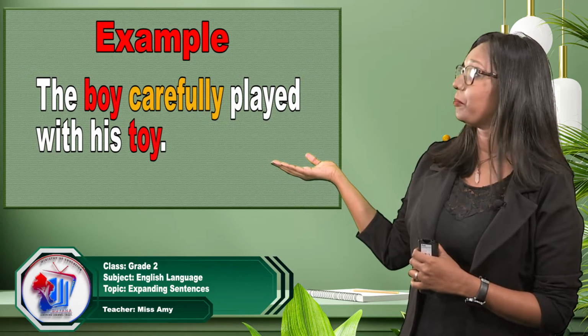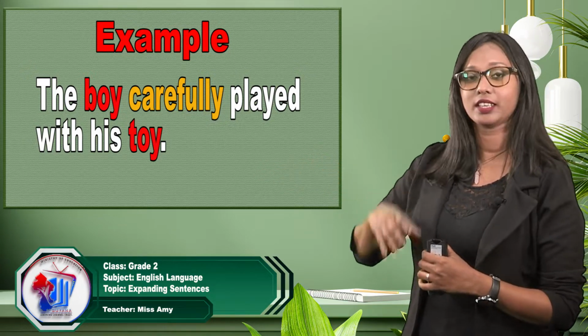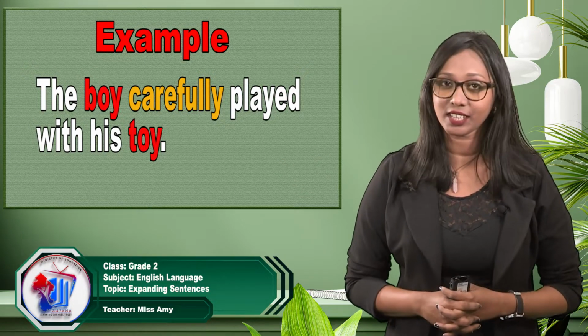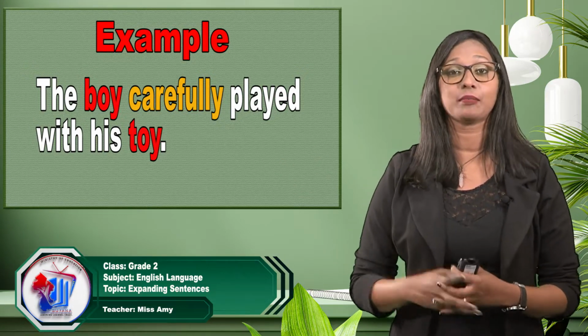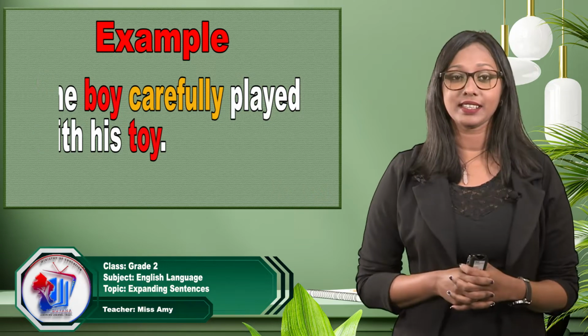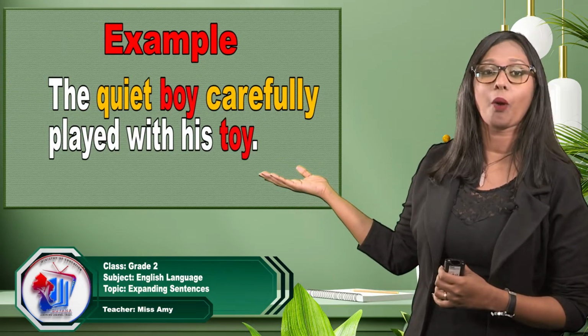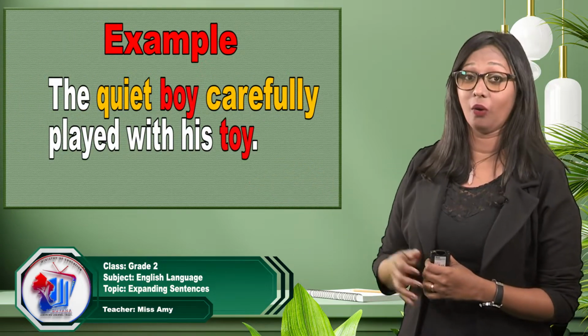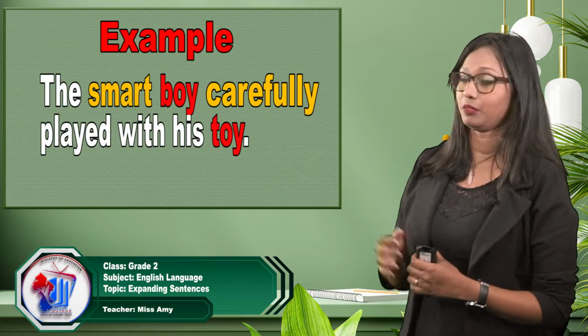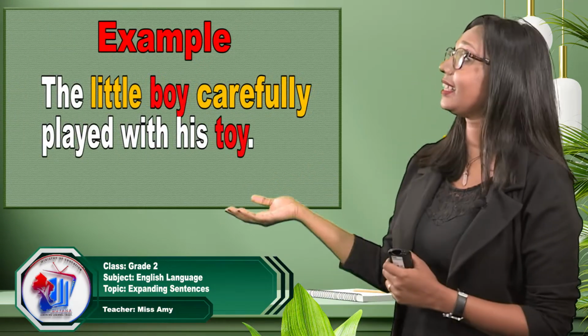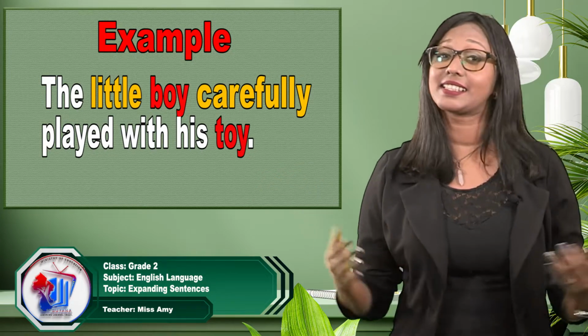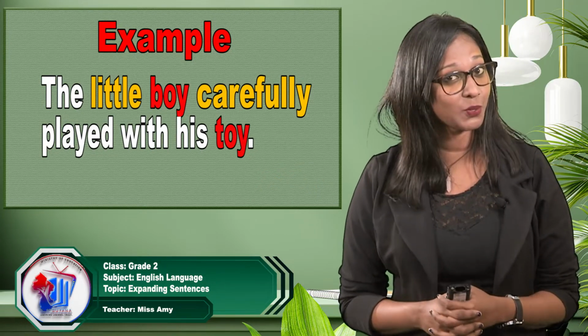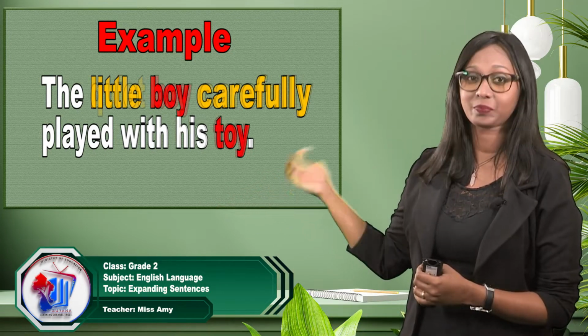Very good. Boy and toy. So let's add an adjective to describe the boy. We can say the quiet boy, or the smart boy, or the little boy. See how many adjectives we can use to describe this noun?